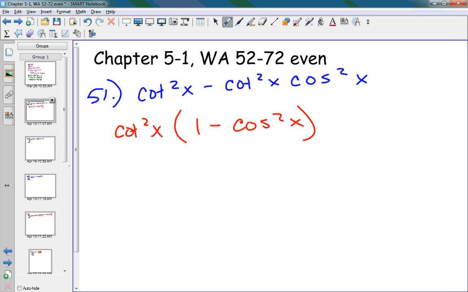Now, we factored it. I have pulled out a cotangent squared. I literally divided each term by cotangent squared, which is why I get 1 minus cosine squared in there. Now my question to you is, what out of those trig functions should I be using out of those identities? I'm going to keep them on the board again so that you can see them over here, since I'm going to be going back and forth.